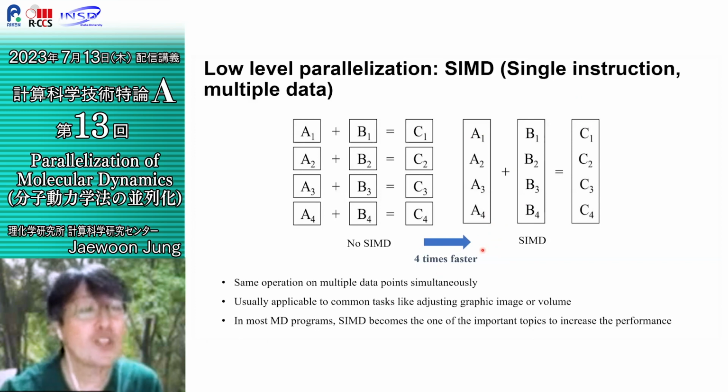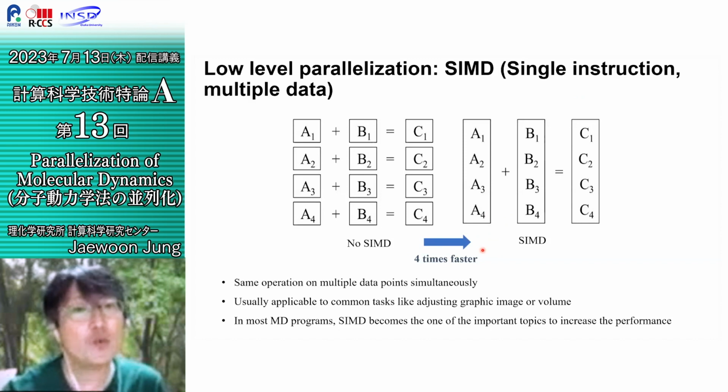For example, if we consider Fugaku, I said that it's a 512-bit machine. In other words, it is a 64-byte machine.